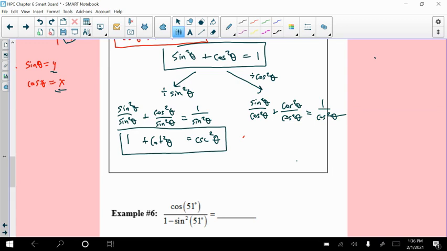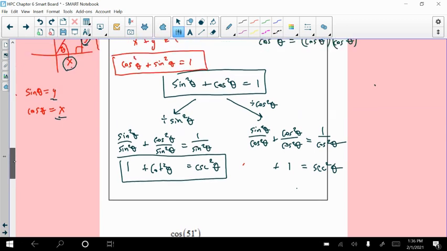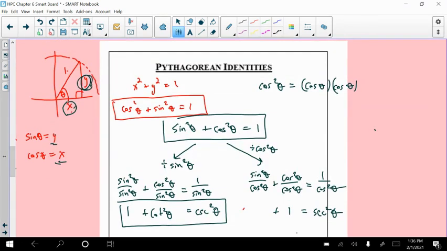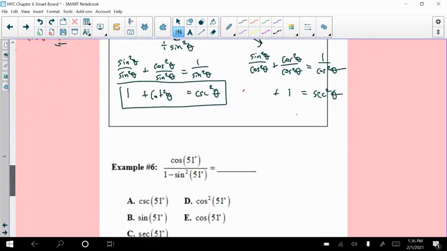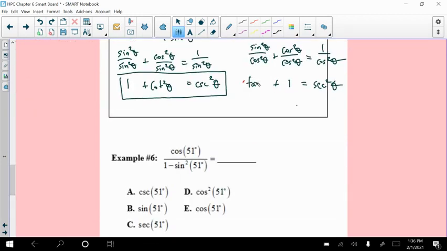Simplifying, cosine squared divided by cosine squared is 1. The reciprocal of cosine is secant, so this would be secant squared of theta. And if you're not familiar with sine over cosine, it's the y over the x. Which trig ratio is the y divided by the x? That's tangent. So that's tangent squared.